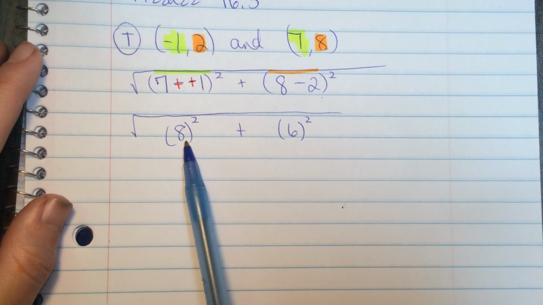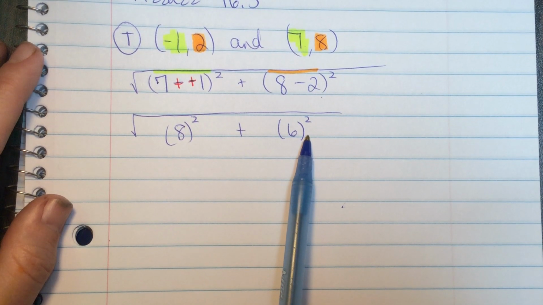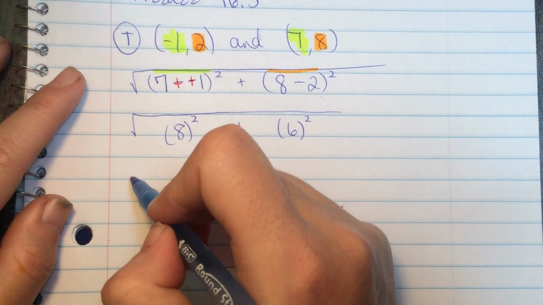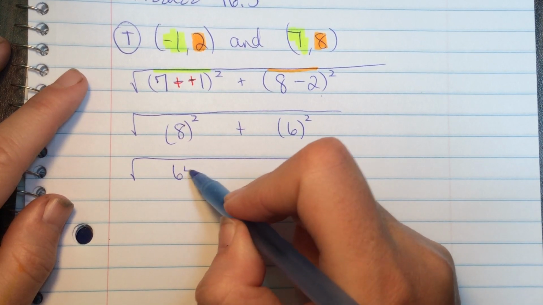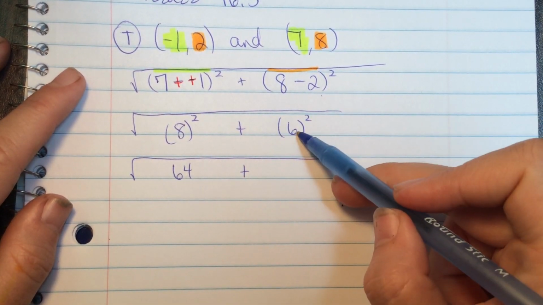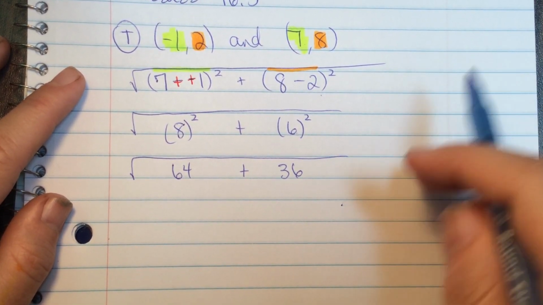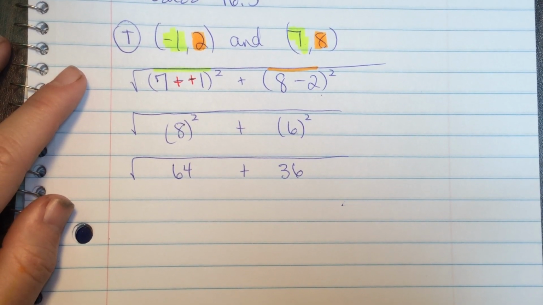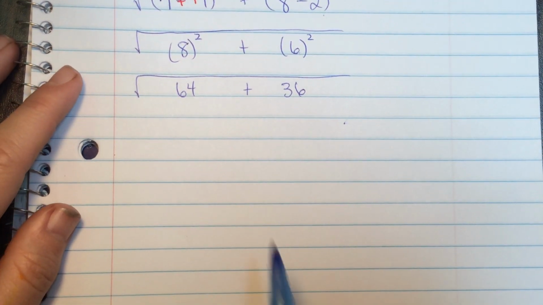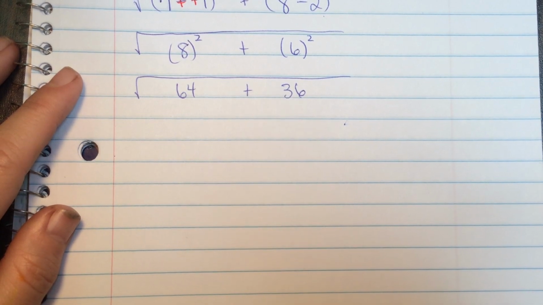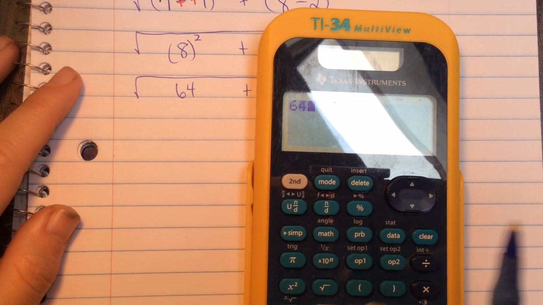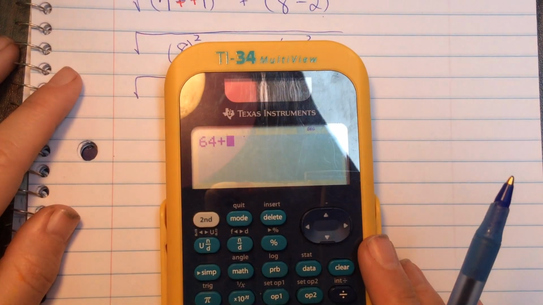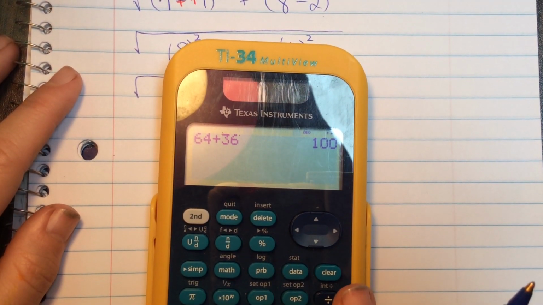So we're at the point now where we have 8 squared plus 6 squared. Well, 8 squared, 8 times 8 is 64. And then 6 times 6 is 36. Now we're going to add 64 plus 36 is 100. But just to make sure, 64 plus 36, it is 100.